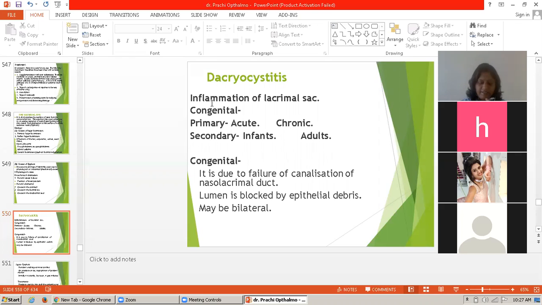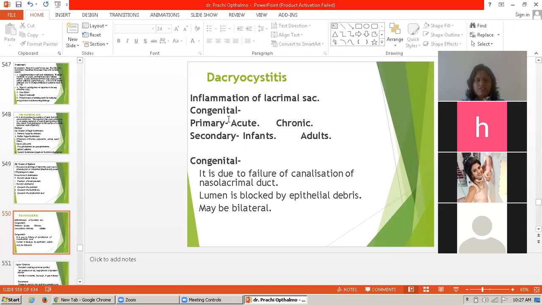So, when there is inflammation of the lacrimal sac, may be acute or chronic, it is called dacryocystitis, and it is a sequela of obstruction of the nasolacrimal duct or the sac itself, followed by bacterial infection.